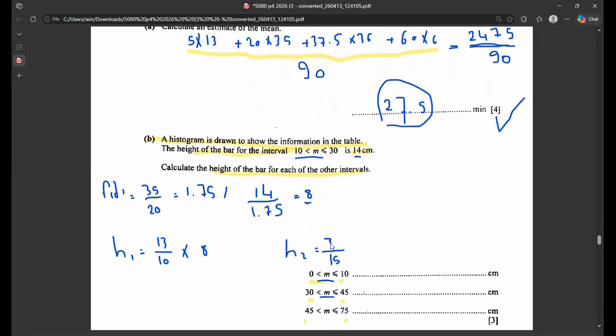So we get 36 over 15 multiplying by 8. As for the last one, H3, the height of the third one, will be the frequency 6 over the class interval from 45 to 75, which is 30, multiplying by 8. And on our calc, we're going to calculate this.